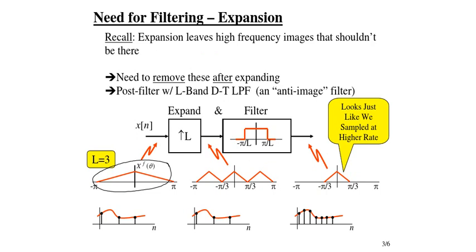When we expanded it, it shrank from minus pi to pi to minus pi by 3 to plus pi by 3 for L equals 3, and the replicas also come here. So we have to avoid these replicas.